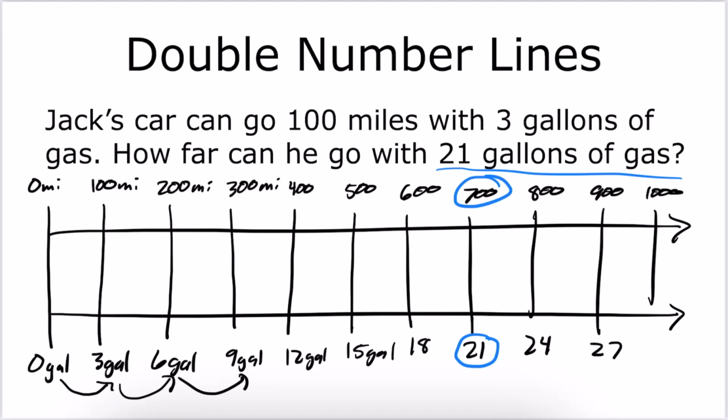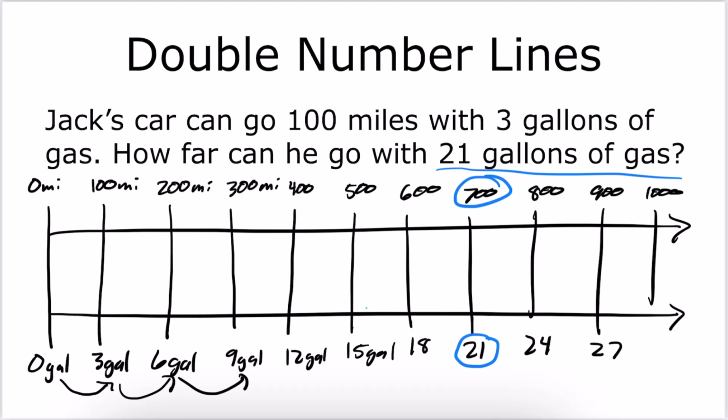And these double number lines can also be helpful even if the number you're looking at isn't on your number line, or at least it's not one of the tick marks on the number line. Like, for example, if I said, how far can he go on 16 gallons of gas?